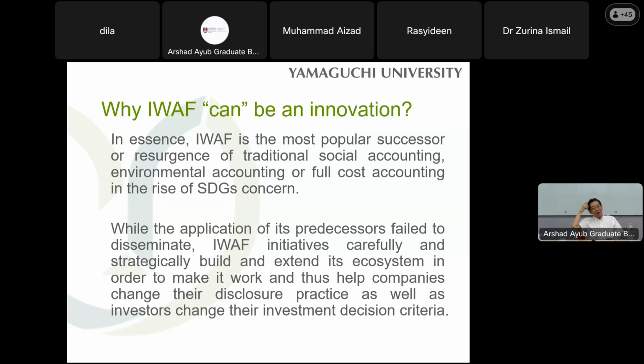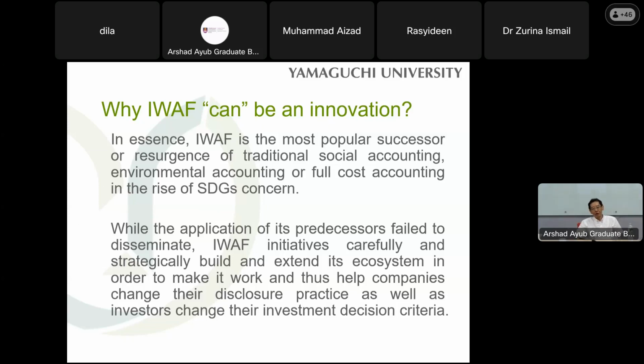But right on the way, the SDGs. What differentiates the current IWAF movement from its predecessors is the seriousness to disseminate, to penetrate, and to nurture the social consensus.